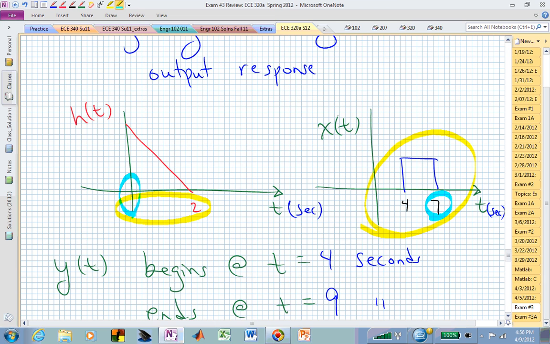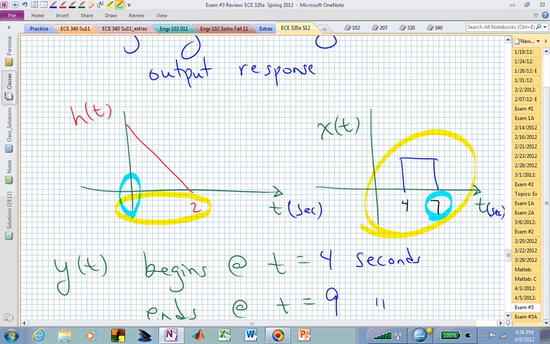And if we stopped at 7 and we wait 2 more units of time, that's when we will no longer see the output. So we have to wait the length of our h of t beyond when we excite it. We excited it until 7. Well, it's going to keep shaking until 2 seconds later. And that's where the 9 comes from. Does that help?